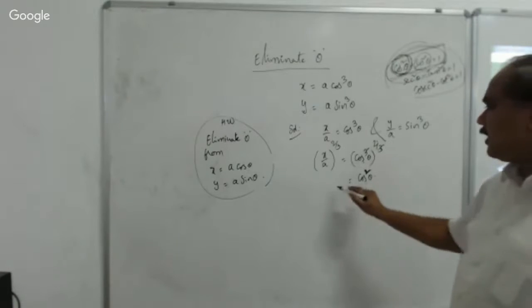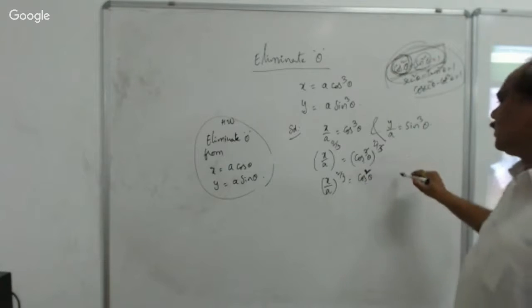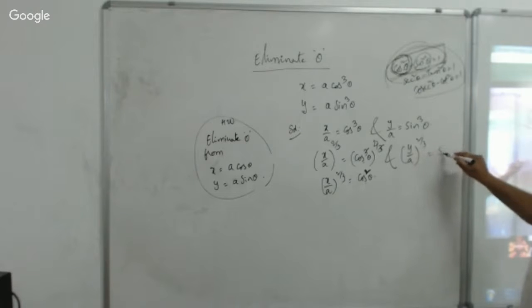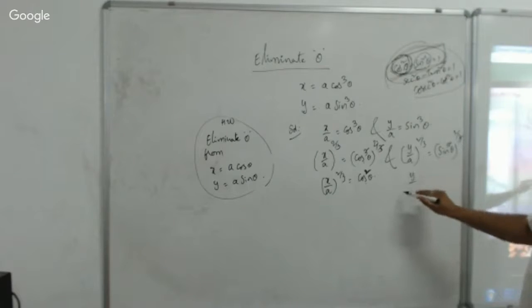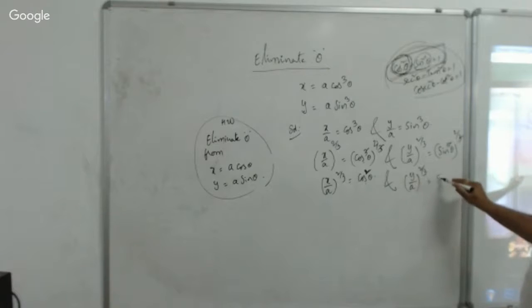Therefore, cos square theta equal to x by a raised to 2 by 3. Similarly, you can also raise the power 2 by 3 to sin cube theta. Now 3 gets cancelled. Y by a raised to 2 by 3 equal to sin square theta.